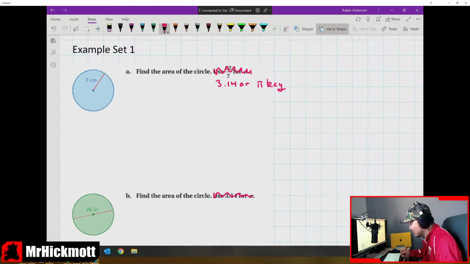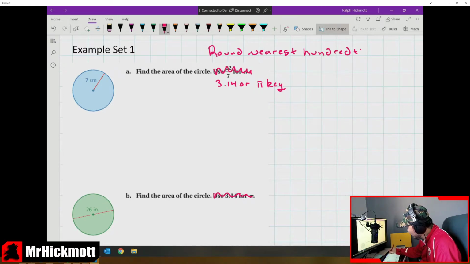Personally, using the pi key is appropriate, and round to the nearest hundredths in most cases. So keep that as a general direction that you should know all the time. In Big Ideas Math, sometimes it asks you to round to the whole number or the tenth. Just make sure you read those directions carefully, but when I'm going over many of these problems, hundredths is perfectly fine.